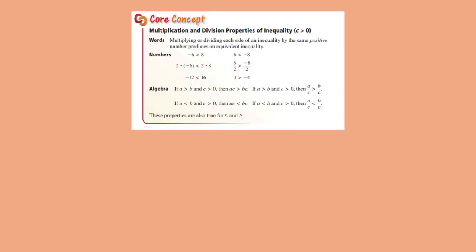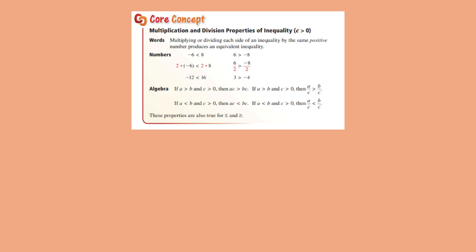On the second slide, we have multiplication and division properties of inequality, where C is going to be greater than 0. What does that mean? The only difference in inequality with multiplying and dividing is that we have a special rule.